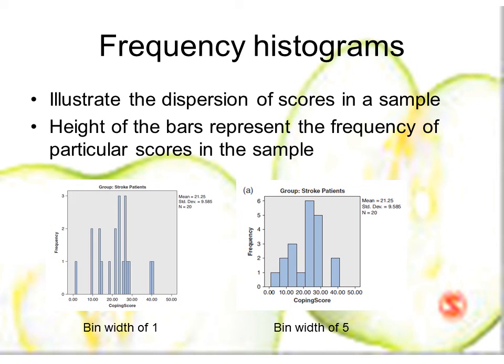Some of them are connected, and then in the bin with over 5, you can see how they're all connected. So when you're looking at a histogram, the first thing you're going to think of is that this is continuous data because it's connected. All the scores that we have are connected scores.